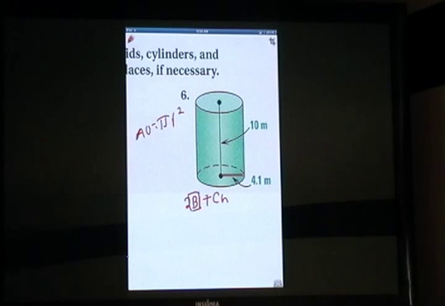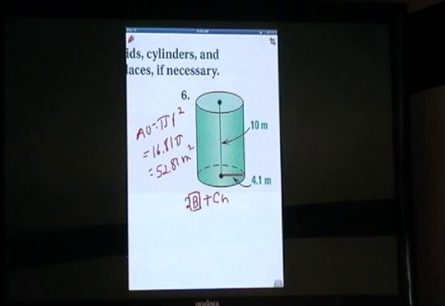R is 4.1, so when we square it, we get 4.1 squared is 16.81 pi, or 52.81, and that's in meters squared.